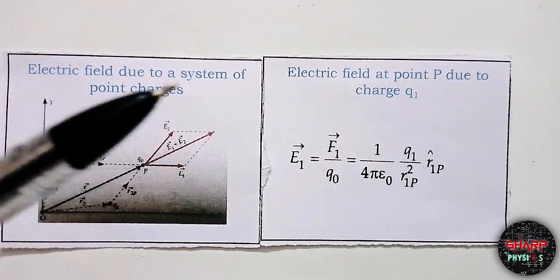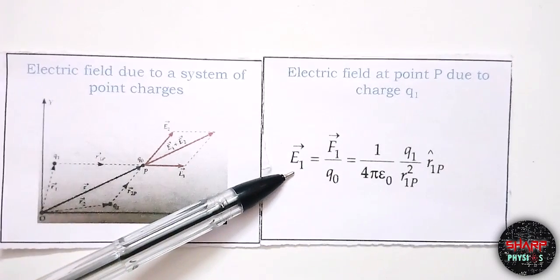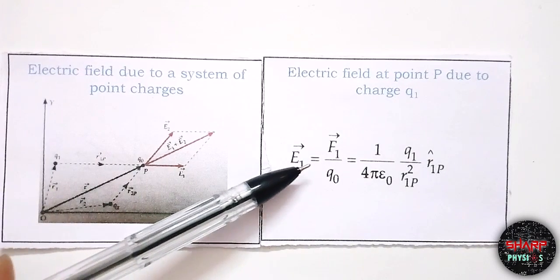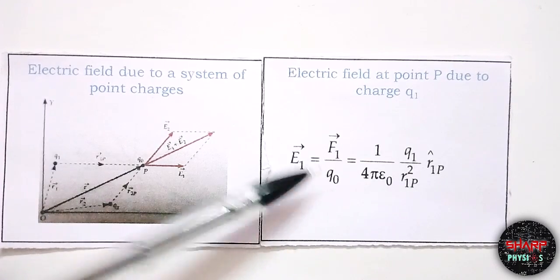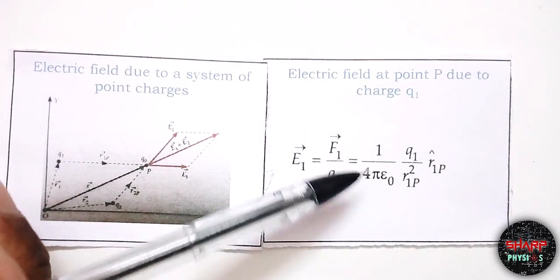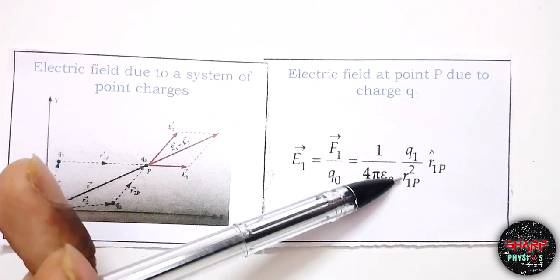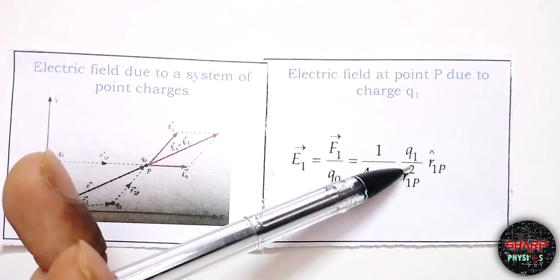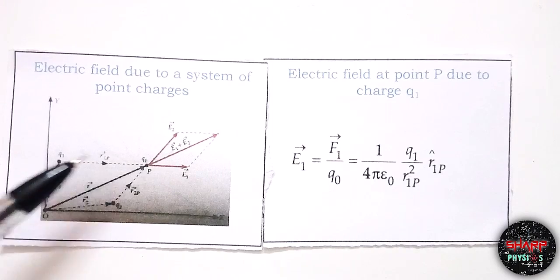Once you can find the force on the test charge, you can easily find the electric field, because electric field is nothing but force divided by the test charge. So it's equal to 1 by 4 pi epsilon 0, Q1 by R1P square, R1P, where R1P is the distance.